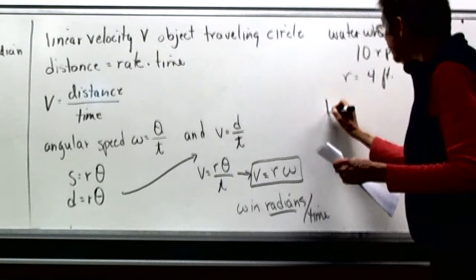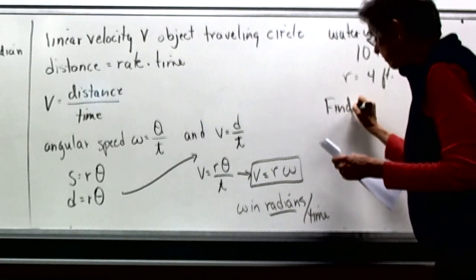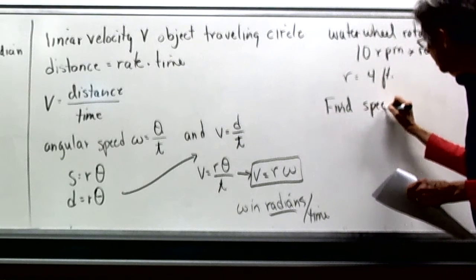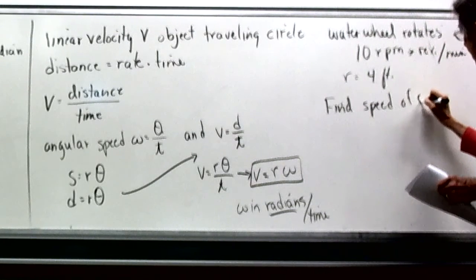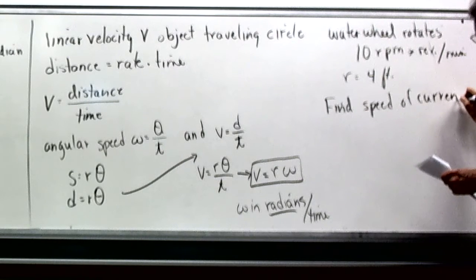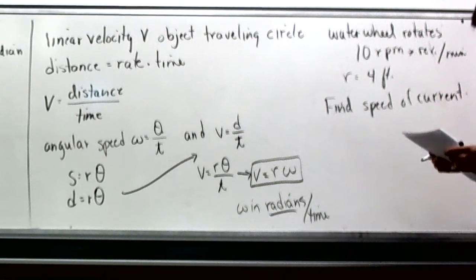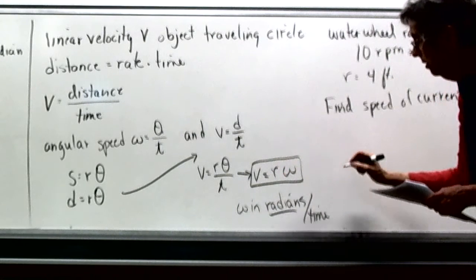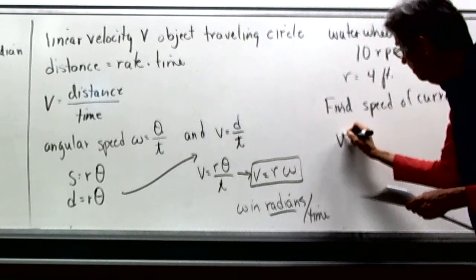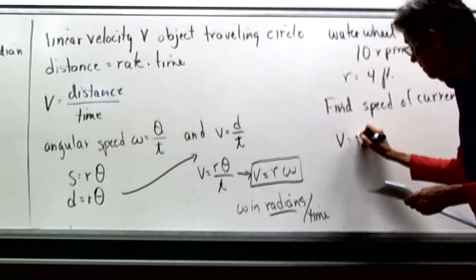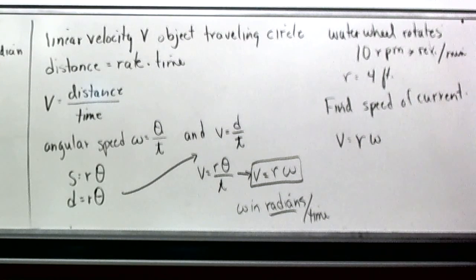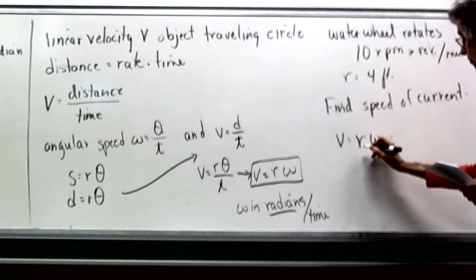So to find the speed of the current, we're simply going to use our formula down here, V equals r omega. And we have the 4 feet that we can put in for r.